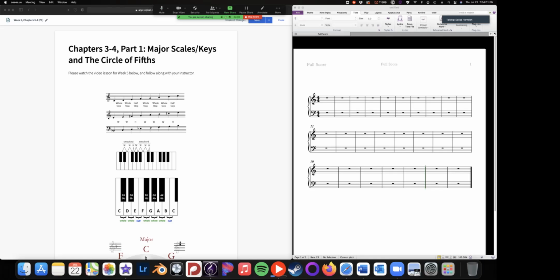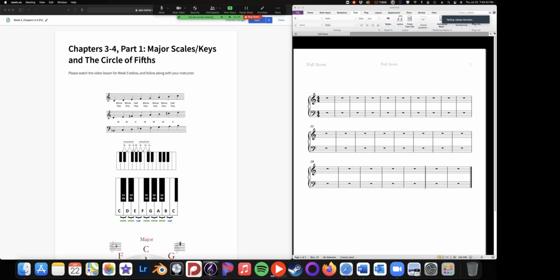So the C major scale will always start on the note C, and then go up in order: C, D, E, F, G, A, B, and then C again. This also means that each major scale will, at the very minimum, contain a range of 1 octave. We have to have at least 1 octave to have a full, complete major scale.